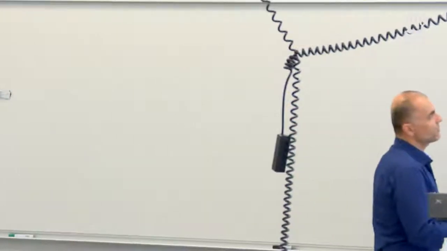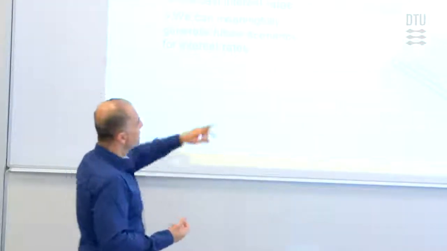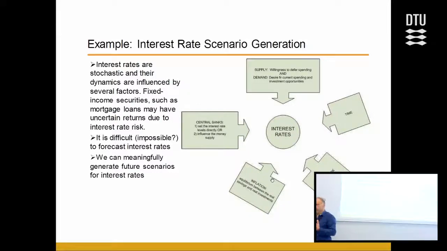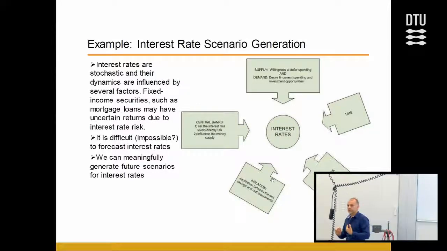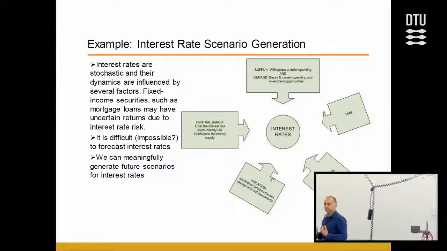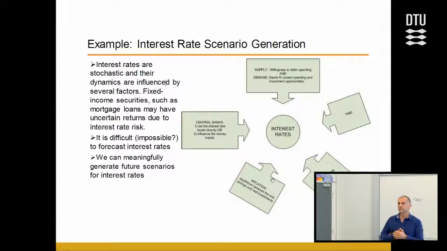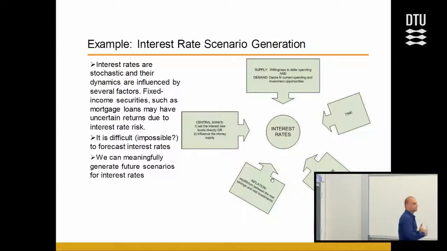So supply and demand, of course, is one of the main drivers. Then the central banks have an impact. They try to influence it. And how do central banks try to influence interest rates? Right, by increasing or decreasing the supply of money. So central banks on the supply side can have an impact.